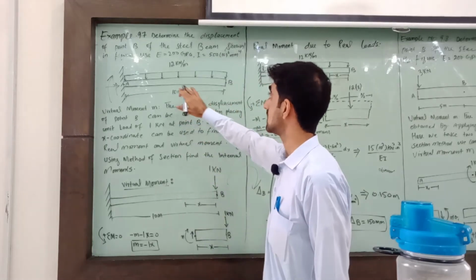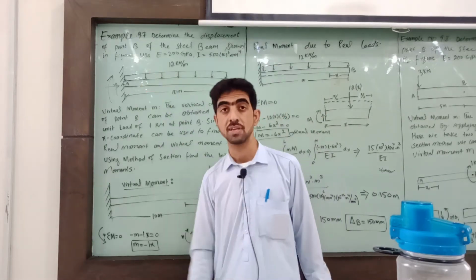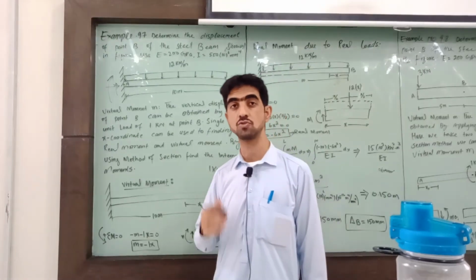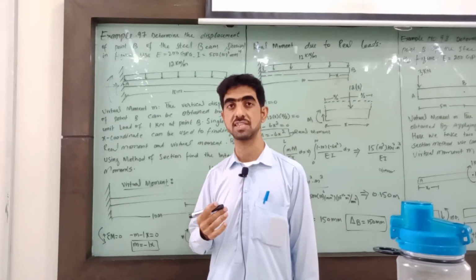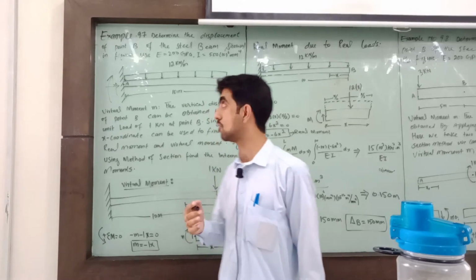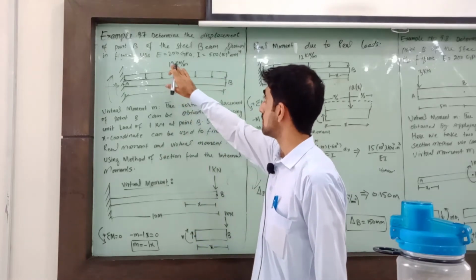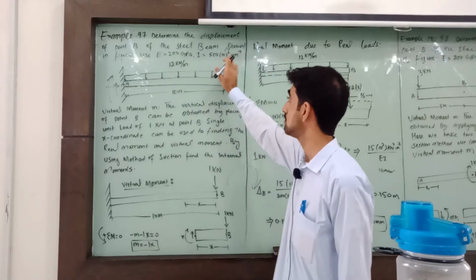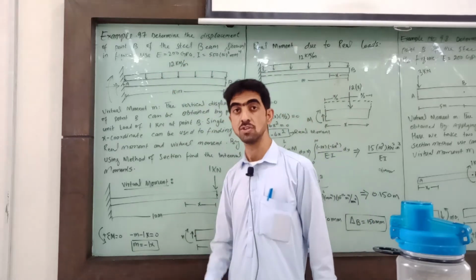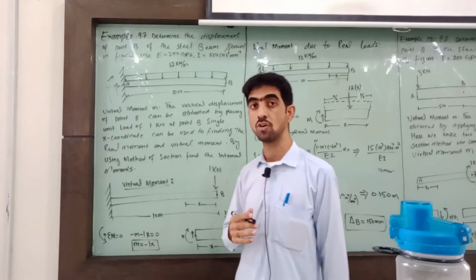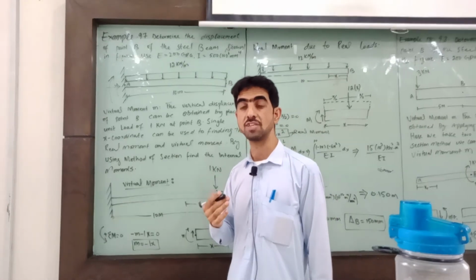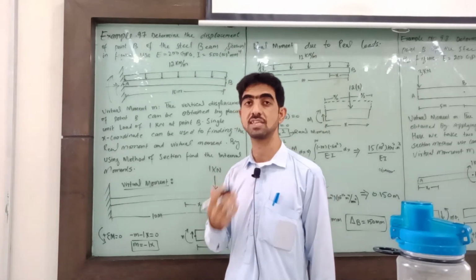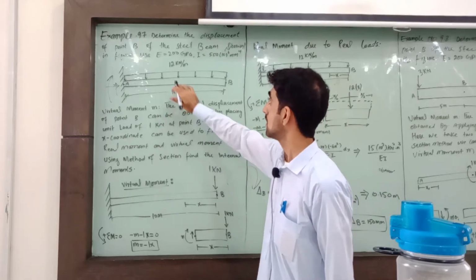We come to the problem. First of all, example 9.8. This problem I have chosen from R.C. Hibbeler's structure analysis book. Determine the displacement of point B of the steel beam shown in the figure. First of all, it is necessary to know which data is required and which data is given in this problem.